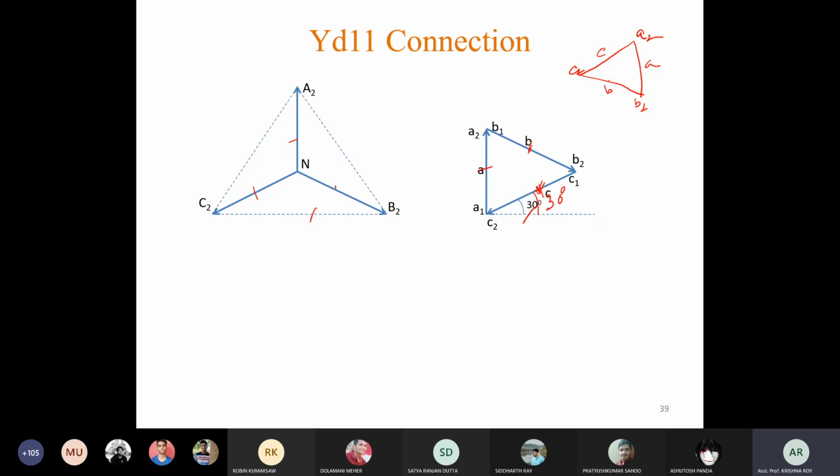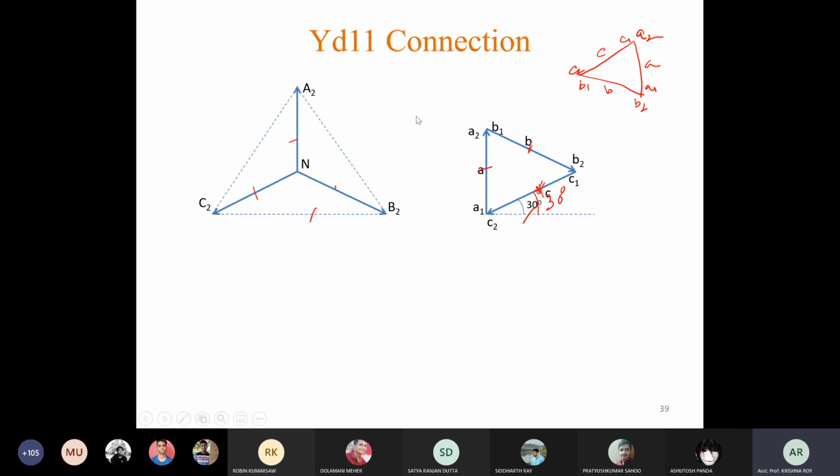C2, this was B1, A1, C1. Now see the connection. Here B2 C1 will be connected, but it was C2 B1. In this way you have to think how to make these phase angles.